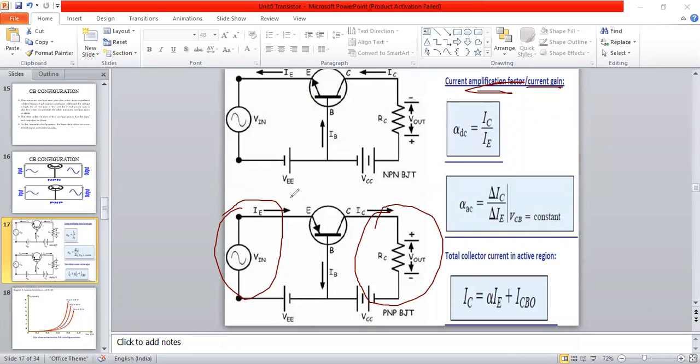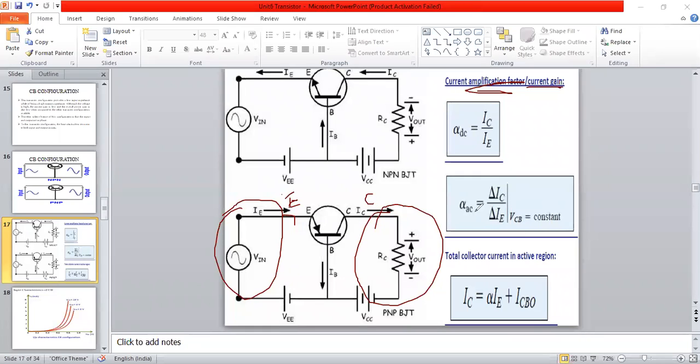The emitter is the input, and the collector is the output. The current flowing through the emitter is IE, and the current flowing through the collector is IC. So the current gain or current amplification factor is the change of collector current to the change of emitter current.